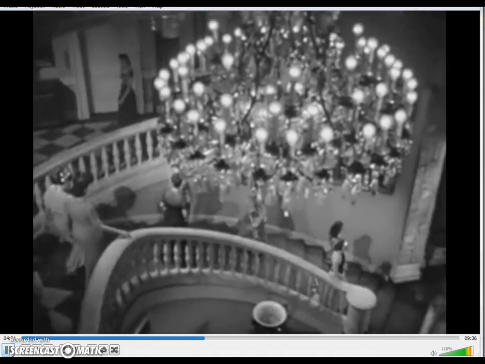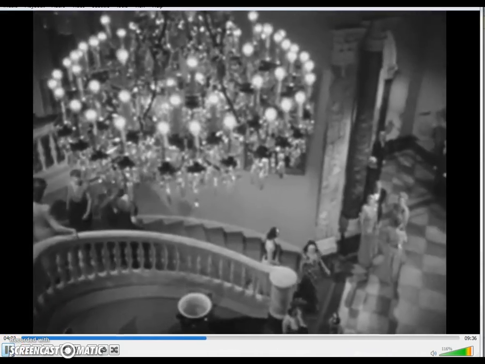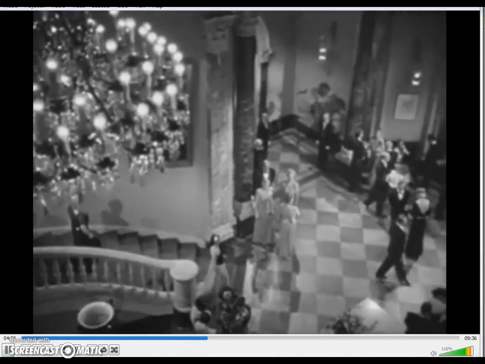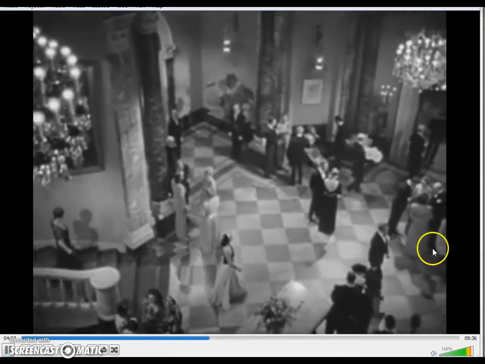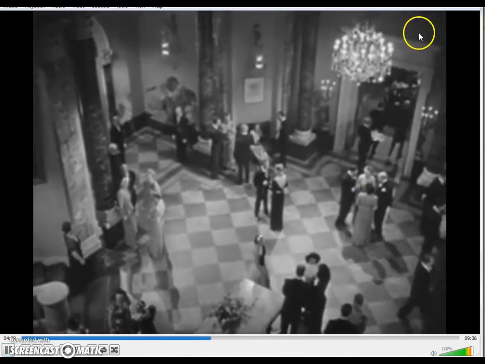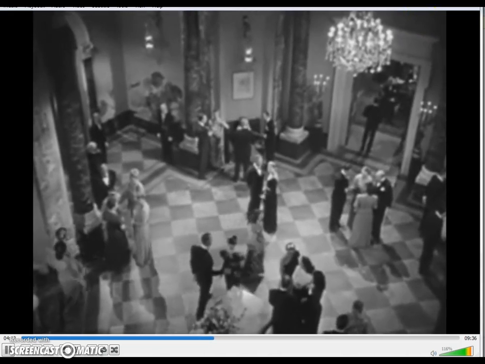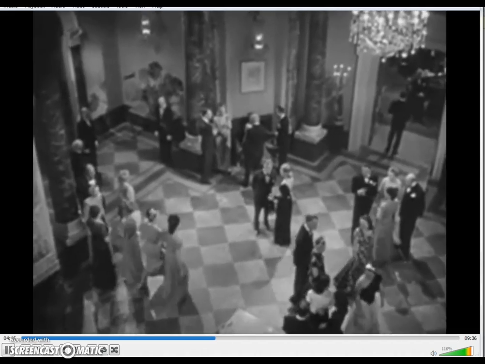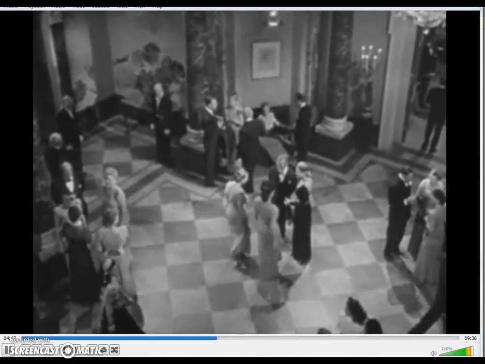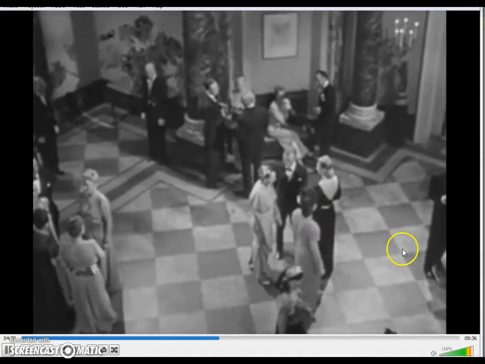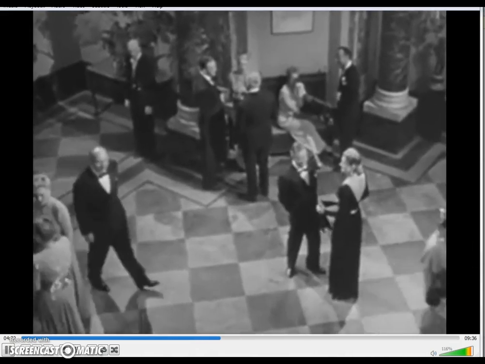This is one of the most famous crane shots in the history of motion pictures. So you can see the camera is panned over, and the camera is way up on a crane. Now the camera is going to slowly move down the crane, bringing the camera down. And so it's panned over, and you're getting closer and closer.